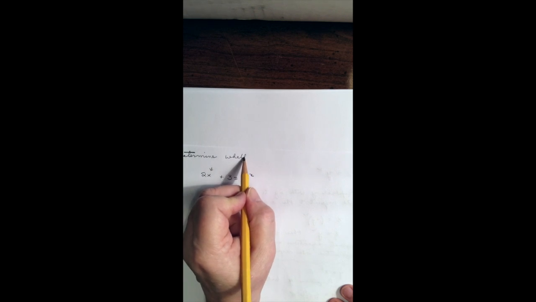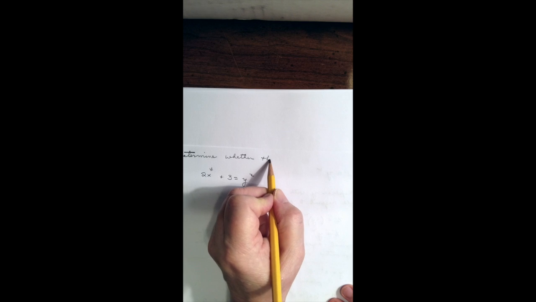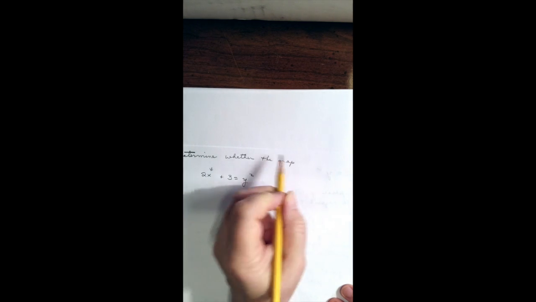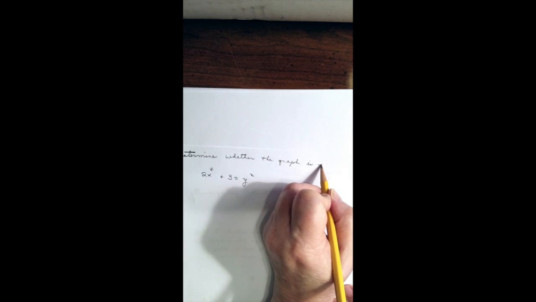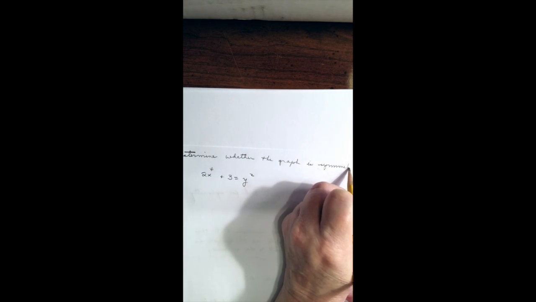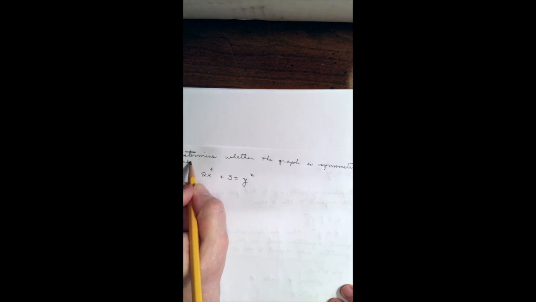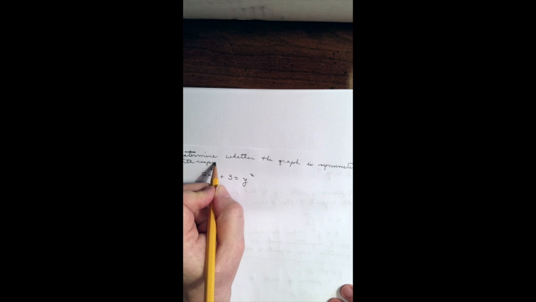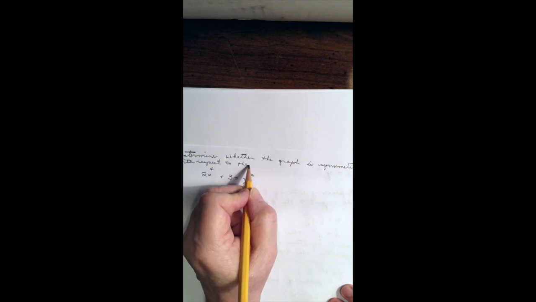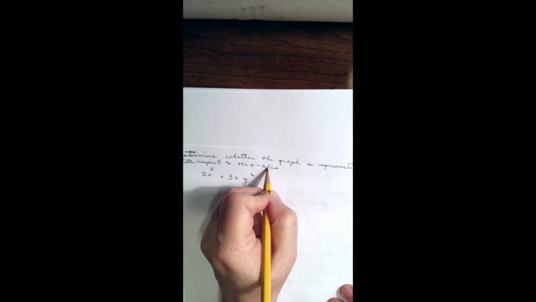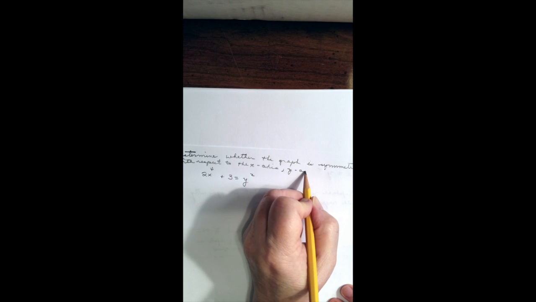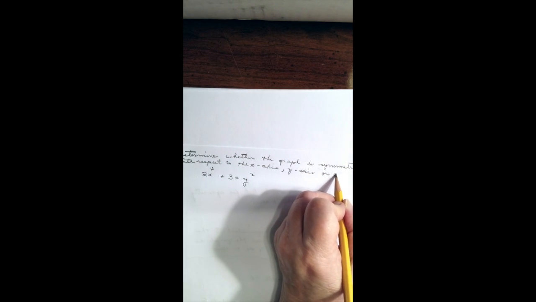And the directions will be: determine whether the graph is symmetric with respect to the x-axis, y-axis, or the origin.